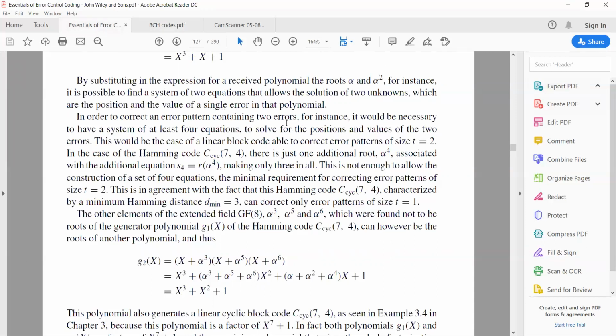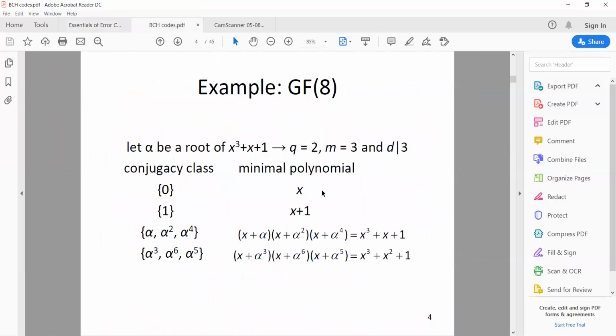When we have two errors, that means we need four equations. But considering g1(x) only, we have three roots: alpha, alpha square and alpha cube. What is our g1(x)? g1(x) equals 1 plus x cube. That means this.